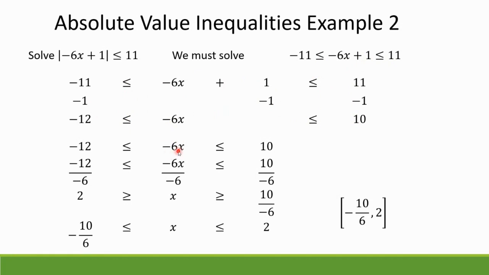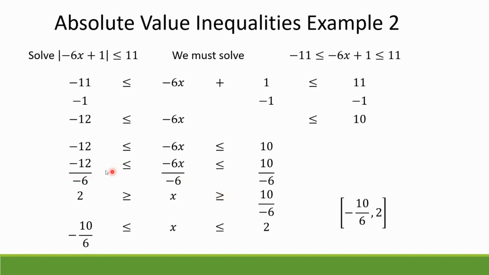Now notice here, we're going to be dividing by -6. If you're multiplying or dividing by a negative, remember, you flip the inequality. That's what I'm doing. So we divide everything by -6. We get x in the middle.